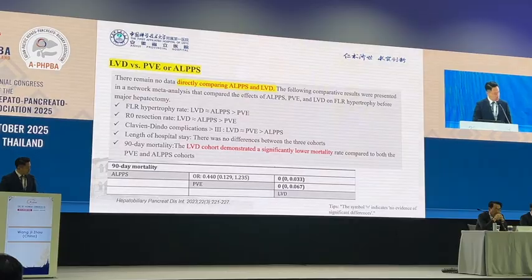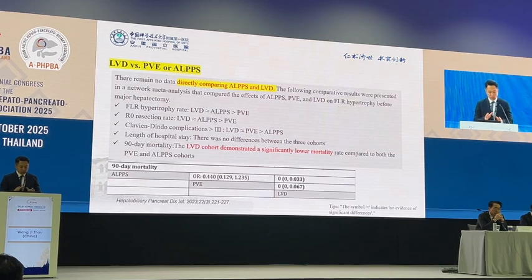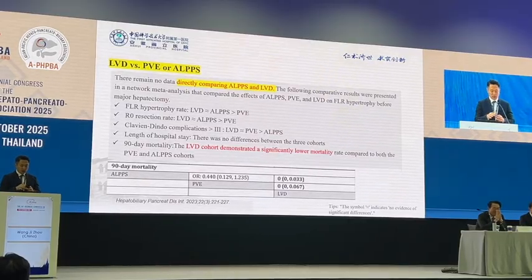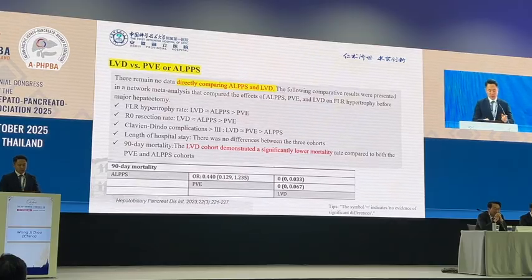Actually, to our knowledge, we can't find data directly comparing ALPPS and LVD to see which one is better. But according to a network analysis comparing ALPPS and PVE, we can see that LVD got similar FLR hypertrophy and R0 resection rate, and a very, very low 90-day mortality.